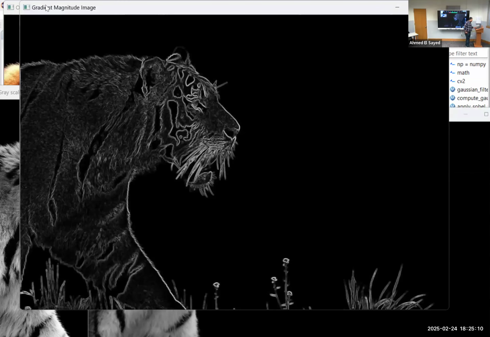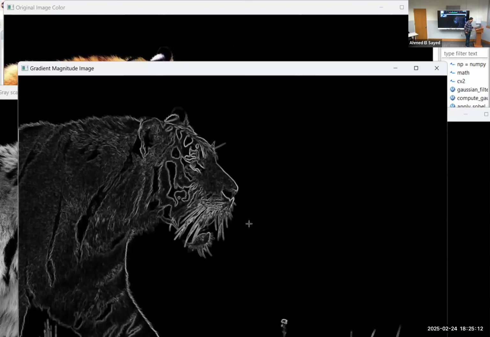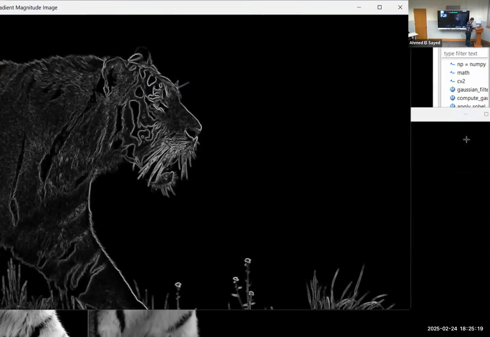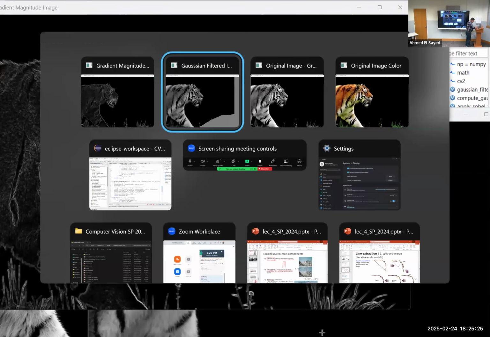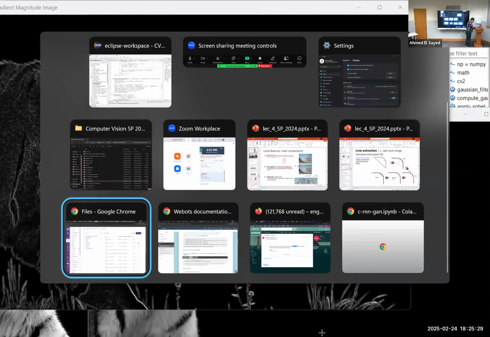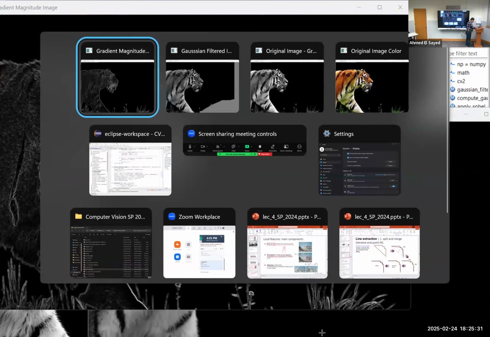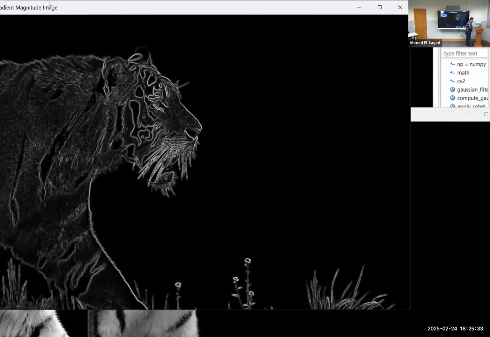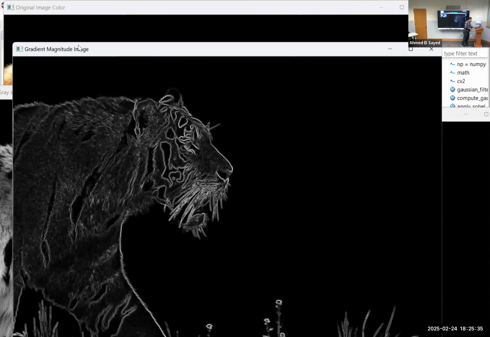Then we will find the gradient over the x direction and y direction. We will find the gradient in the x direction and the y direction.